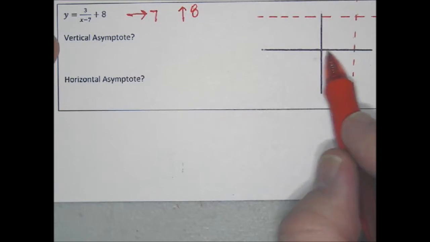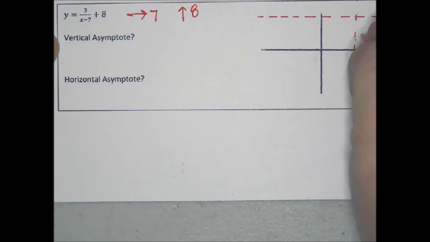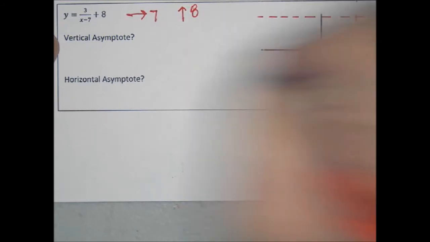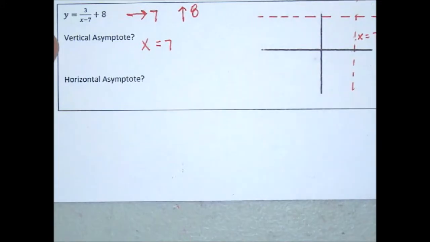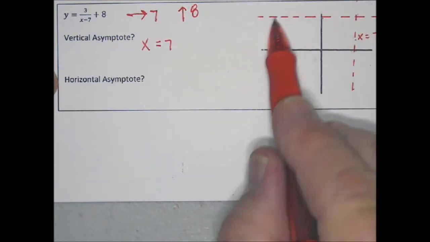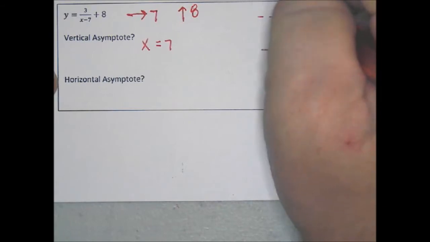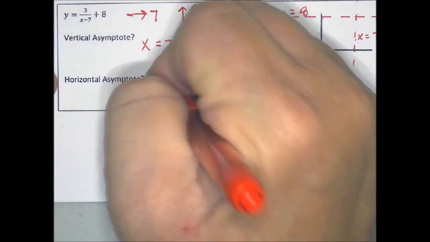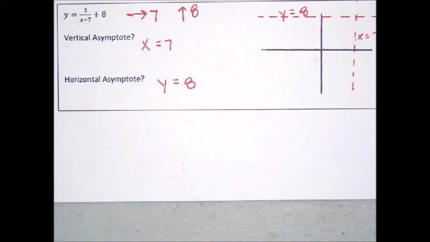I went right 7 units, and that's the vertical asymptote at x equals 7. Now, I also went up 8 units, and that's where I found the horizontal asymptote at y equals 8. And those are the new asymptotes of the problem.